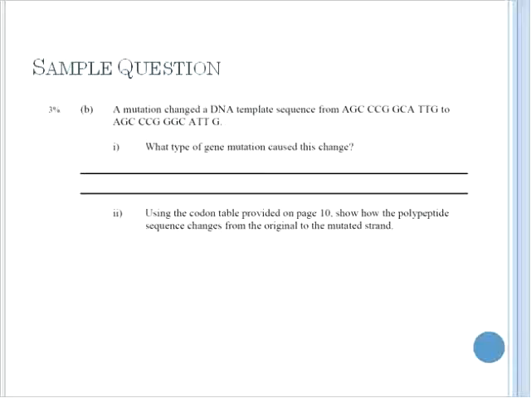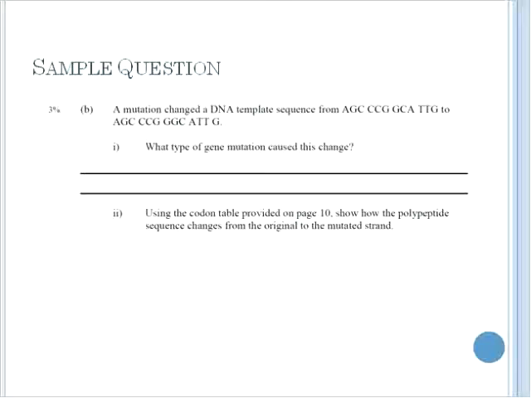For 3 marks, the following constructive response question was posed. A mutation changed the DNA template sequence from AGC, CCG, GCA, TTG to AGC, CCG, GGC, ATTG.